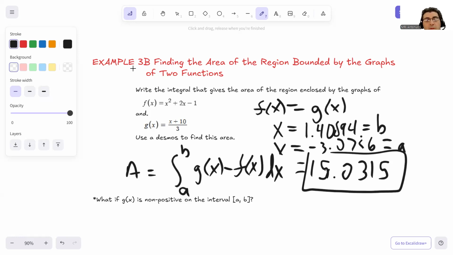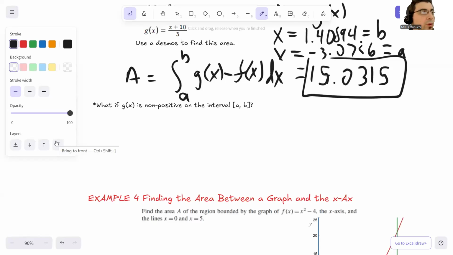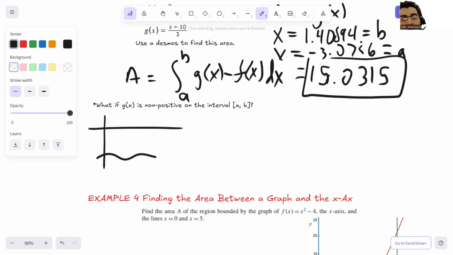All right, so this brings up the question, what if g of x is non-positive on the interval? In other words, what if it's just strictly negative or 0 on that interval? So for example, if you had the graph of a function and it was all down here, this is g of x, and I wanted to get the area of this region.